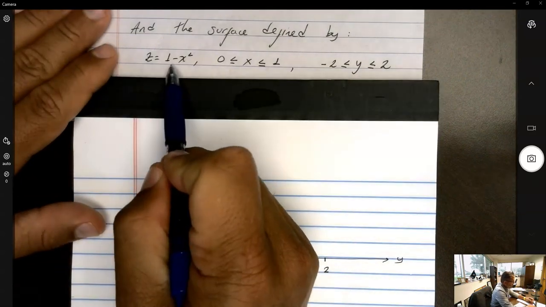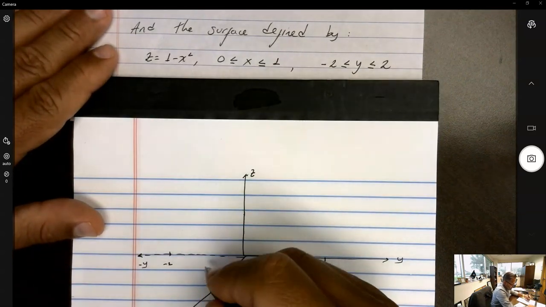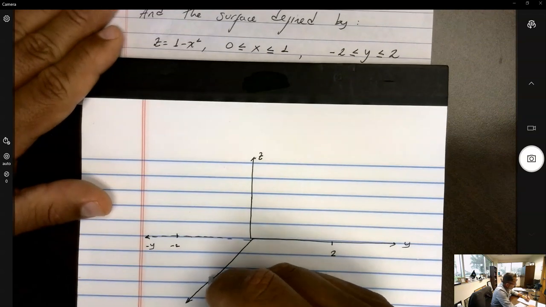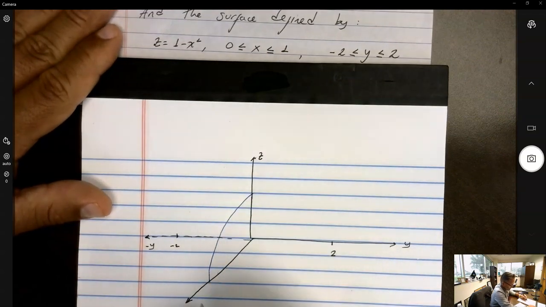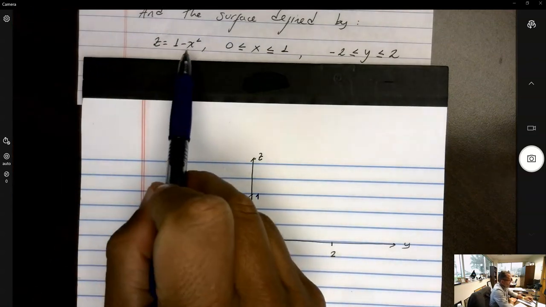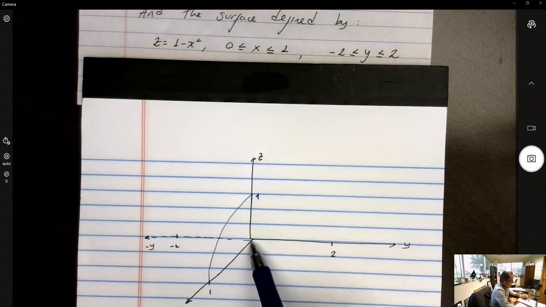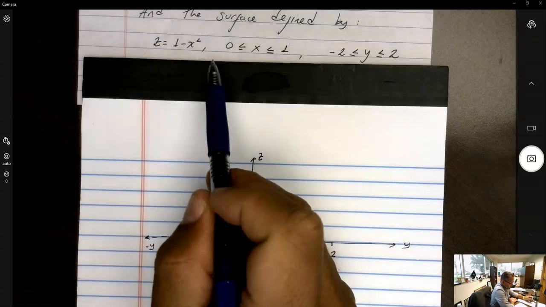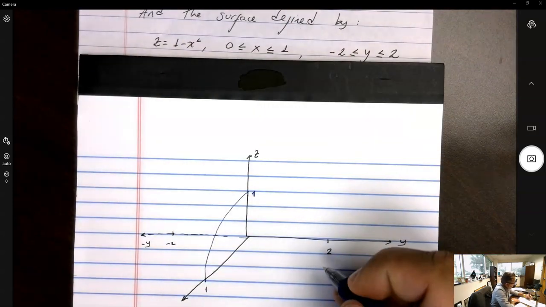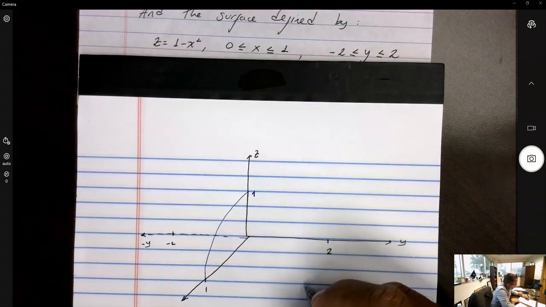If we plot the line Z equals 1 minus X squared, what we'll get is this. So from here to here, where this is 1 and this is 1. So when X is equal to 0, Z is equal to 1, and when X is equal to 1, Z is equal to 0. Okay, and that applies for all values of Y. So this applies here.